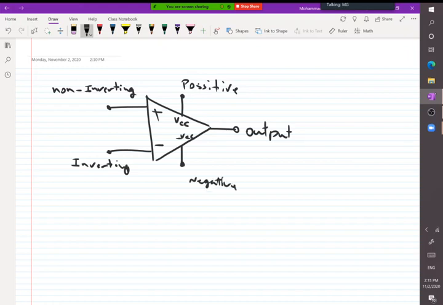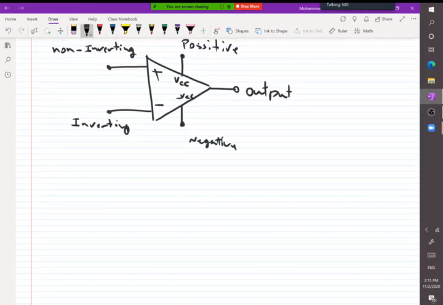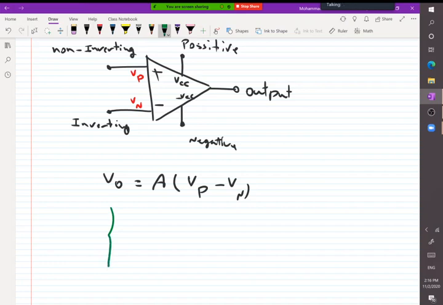Okay, as we know, the relationship between output and input is VO is equal to the gain times VP minus VN. VP is the non-inverting input and VN is the inverting input. This is the general relationship between input and output. And there are two important equations or rules for OpAmp.